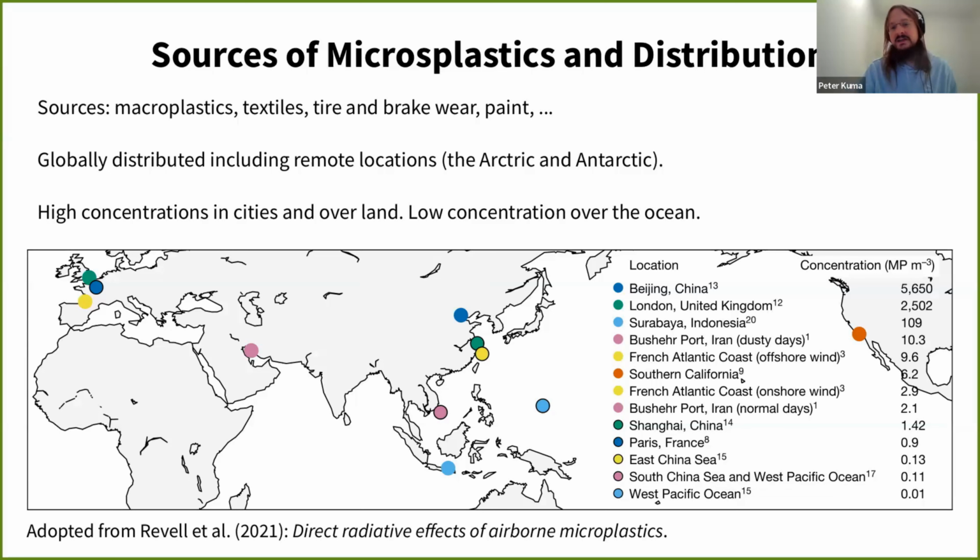These are just a summary of various measurements of microplastics in the atmosphere. The concentrations tend to be anything from one piece of microplastics per cubic meter to several thousand. Usually cities have much greater concentrations of microplastics due to there being more sources.